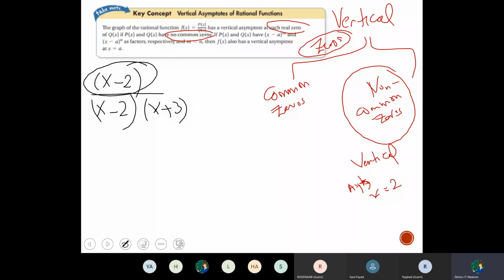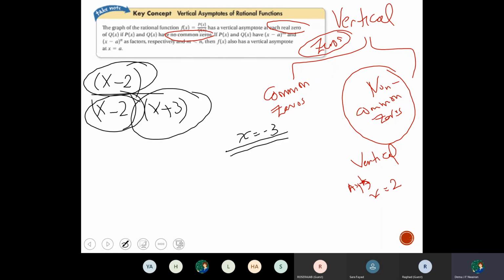Yes, this one and this one, they are common. So if we have common zeros, I will say that at the point x equals negative 3, we have our vertical asymptote.